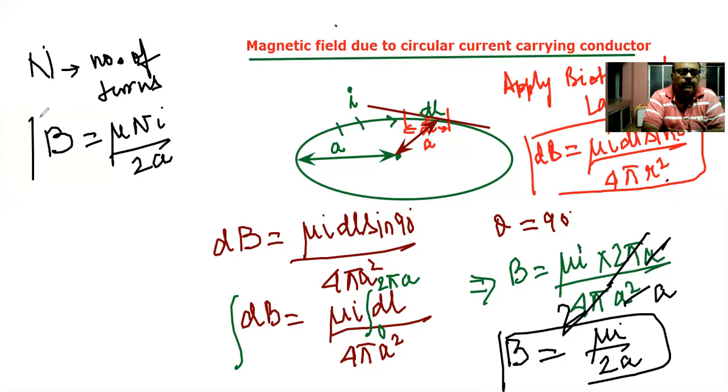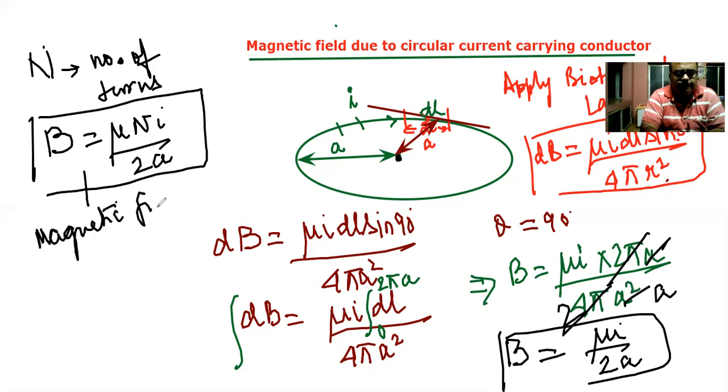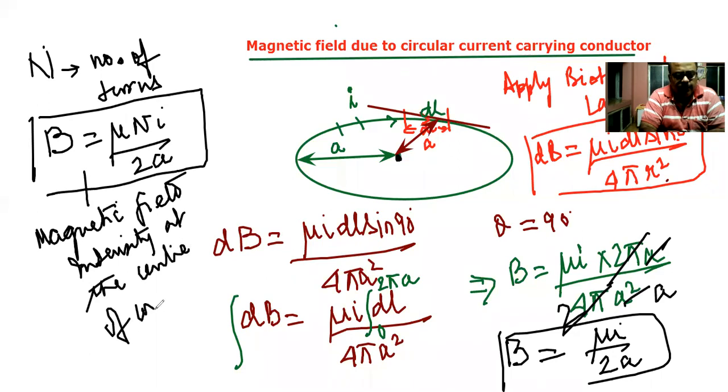So this is the magnetic field intensity due to a circular current carrying conductor at the center of the coil. Fine.